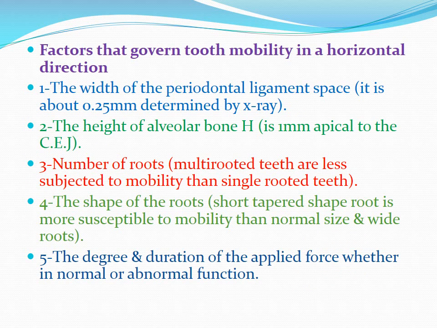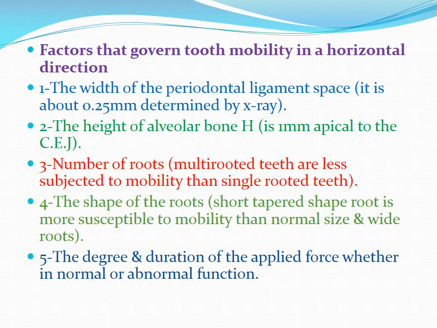Factors that govern tooth mobility in a horizontal direction. First, the width of the periodontal ligament space, which is normally about 0.25 mm, determined by the X-ray. Second, the height of the alveolar bone, which is about 1 mm apical to the cemento-enamel junction. Third, the number of roots.